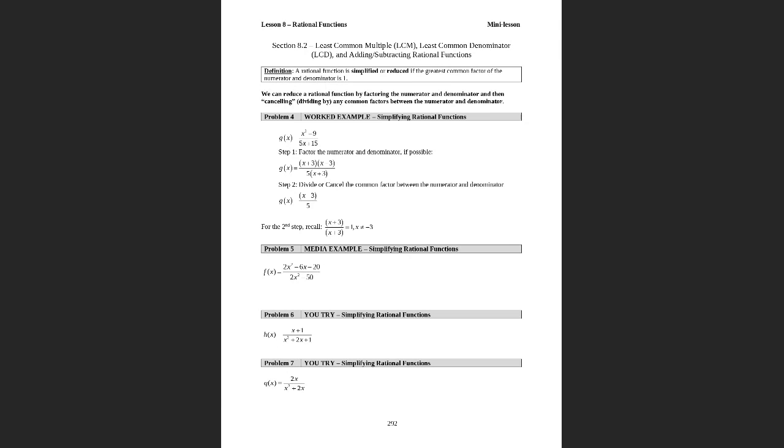So let's look at problem 6. Here, we are going to have x plus 1 divided by x squared plus 2x plus 1. Let me go to the whiteboard and do it there.